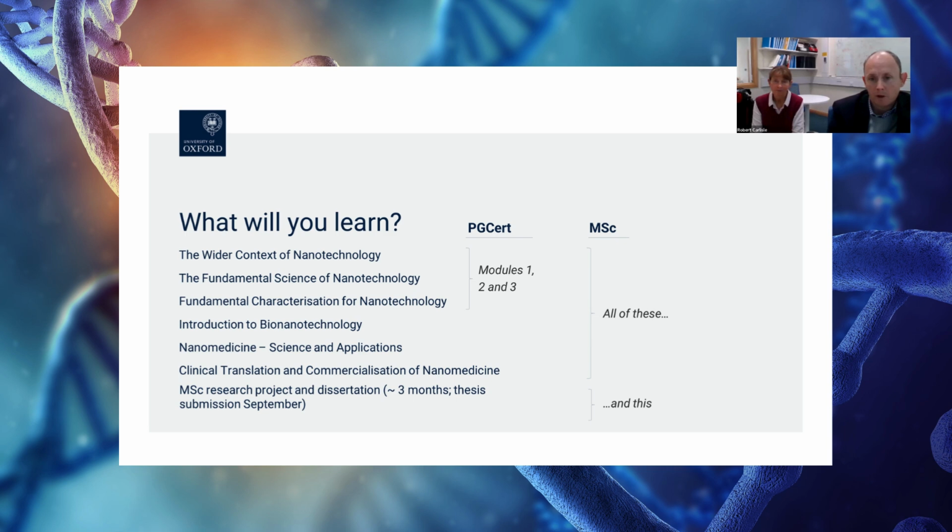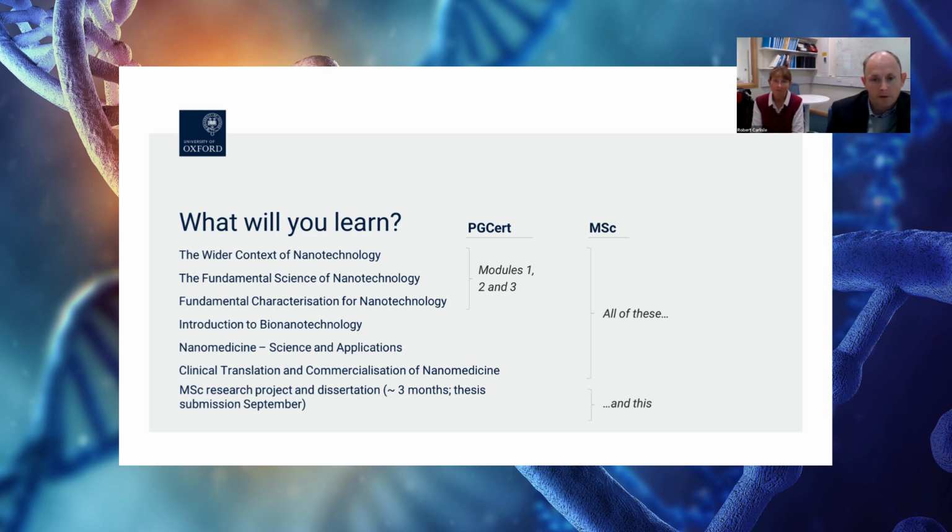So you can, if you wish, take the PG Cert, and that can be the sum total of your interaction with this course. Now, if you wish, and if you have the requisite grades and experience, you can choose to, in addition to those 3 modules, do 3 modules, which would then comprise the MSc, once you also add the dissertation.